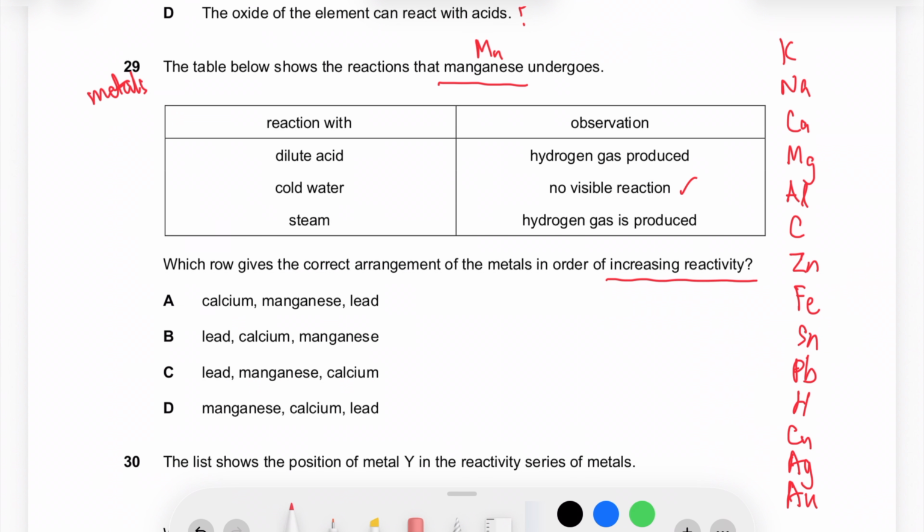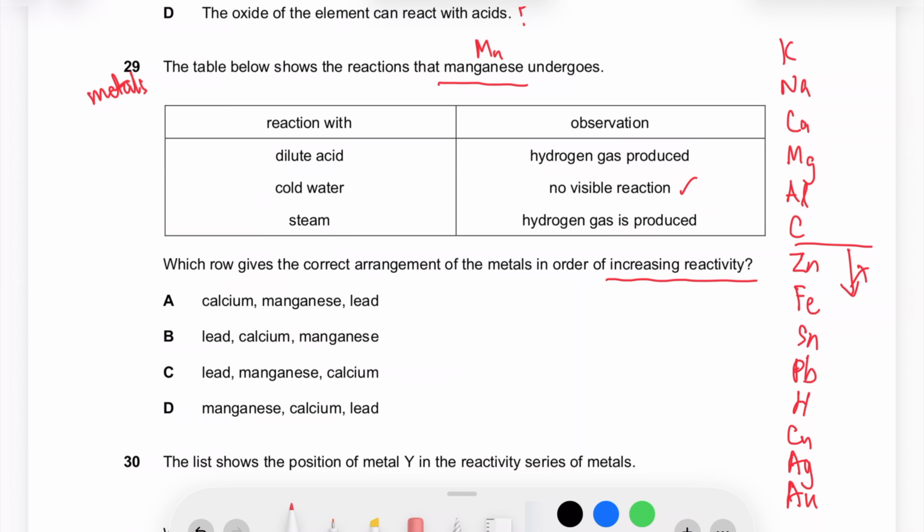This is the full reactivity series. Important: there's no reaction with cold water. For cold water, zinc is the cutoff point, so most likely manganese will be below aluminium or below zinc. It must also be below calcium.